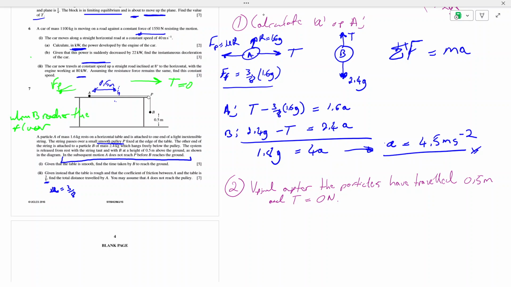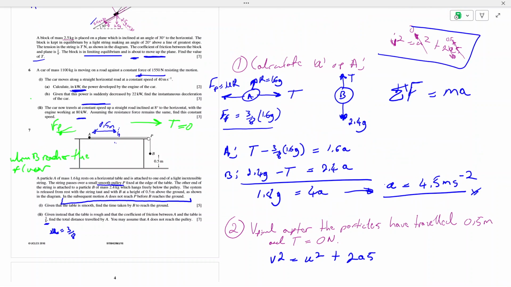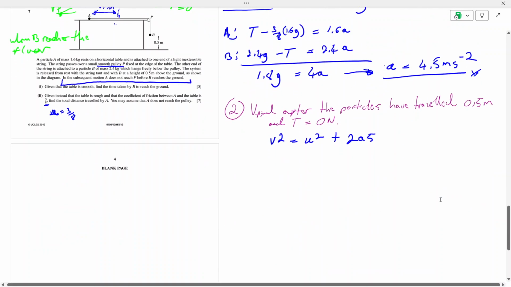I'm going to use the equation v squared is equal to u squared plus 2as.